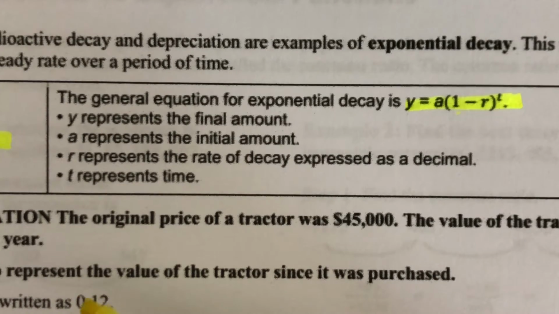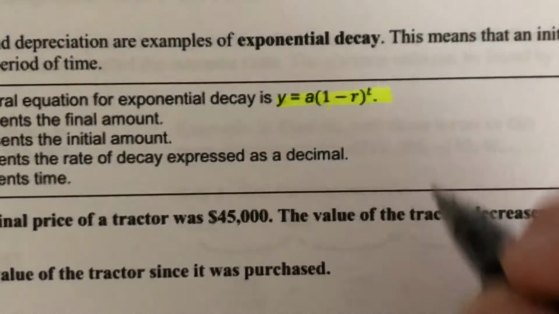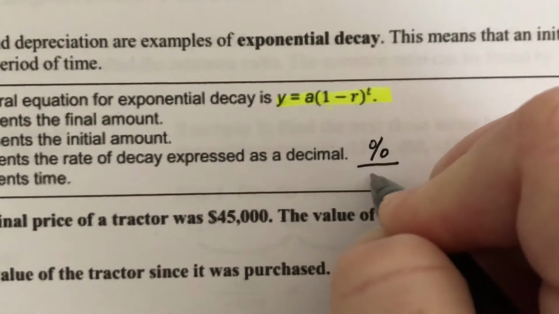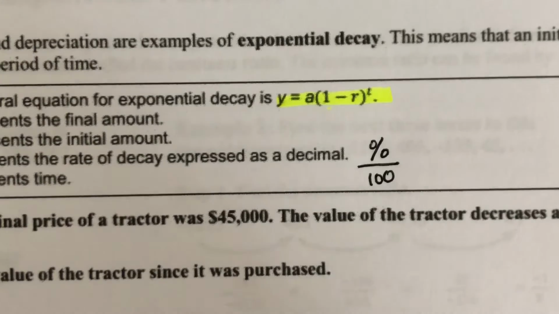If it's got that percentage sign behind it, you have to change it to a decimal. To change any percentage to a decimal, you divide by 100, right? So if it was 12%, you do 12 divided by 100, which would be 0.12.